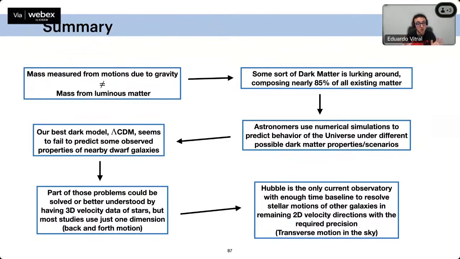Do not get me wrong, there are other telescopes that try to measure these motions, but usually they focus on things that are much nearer, where the precision we need is much lower. To understand faraway objects like galaxies, Hubble is the only one that combines very high precision with a long time in operation, so we can measure those long time baselines.